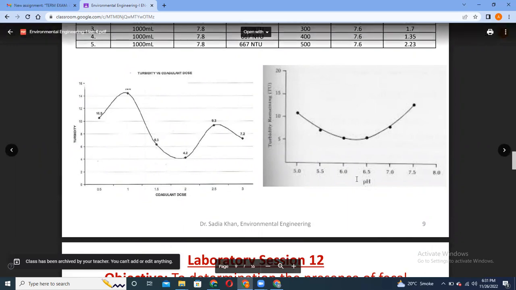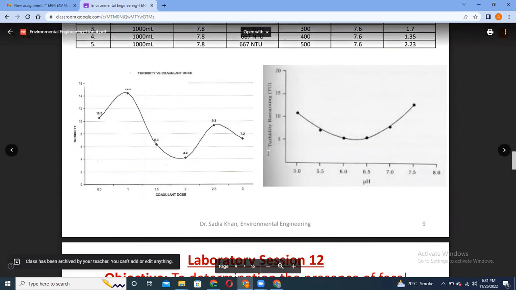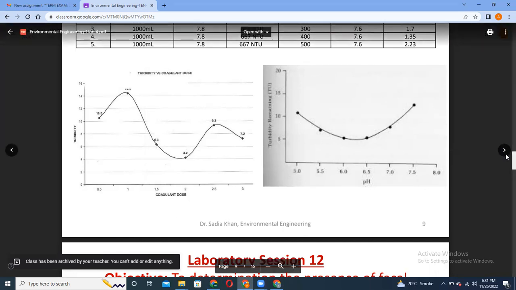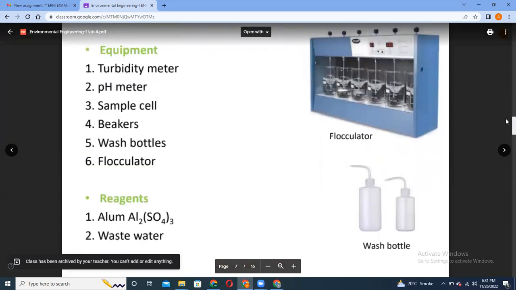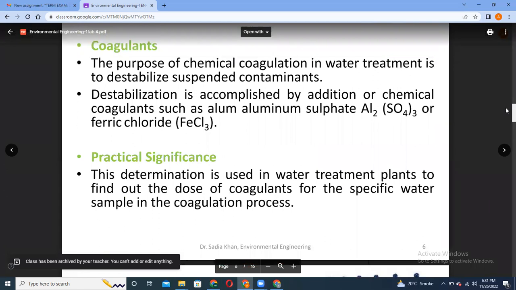And on the next graph, we will plot pH on the x-axis and turbidity remaining on the y-axis, and then we can observe a depreciated curve.